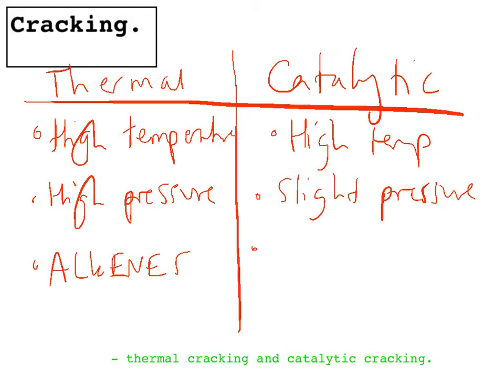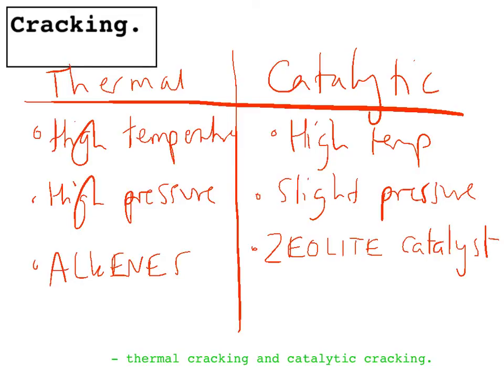Now you have to know the name of this catalyst, and we call it a zeolite catalyst. Actually, the word zeolite only describes how the catalyst is made up, as in the structure of it. A zeolite catalyst is a honeycomb structure in that it has lots of holes in it, which increases the surface area.